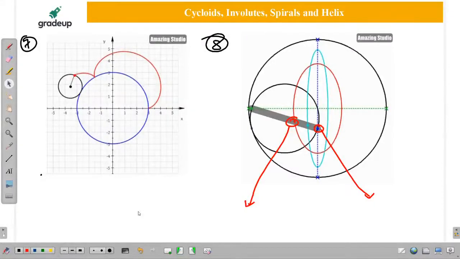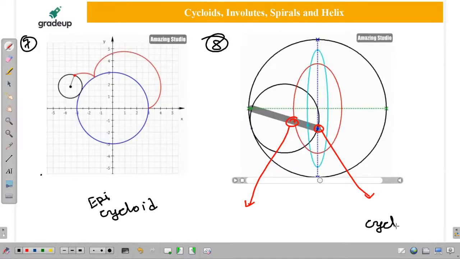Superior. Okay, one second. Atul, superior is not correct because the point is on the circumference of the circle. Therefore, we have to use the word cycloid, but it rolls outside. Therefore, epicycloid. Now here, blue color is the point on the circumference of the circle.